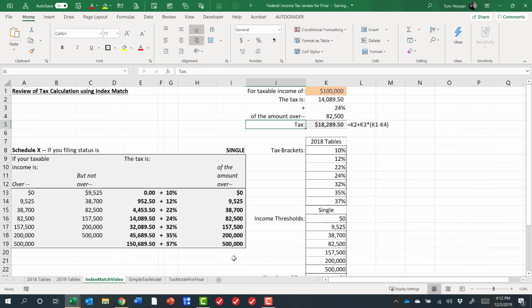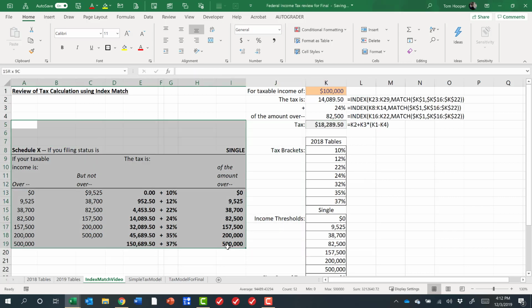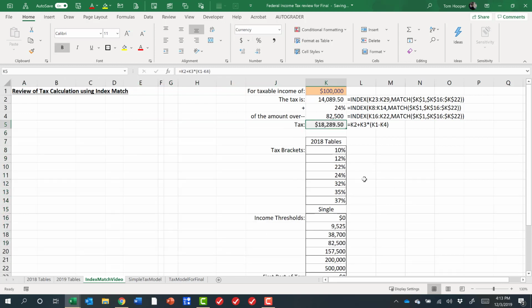And this is something we can use on our simple tax model over there. So for a certain taxable income, we know the tax is some value plus a percent of the amount over that threshold, and we calculate the tax. And then we don't need any of the rest of this table. We're still getting our correct calculations all in one column.